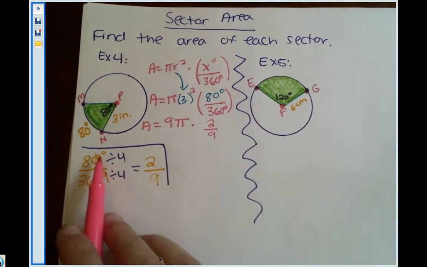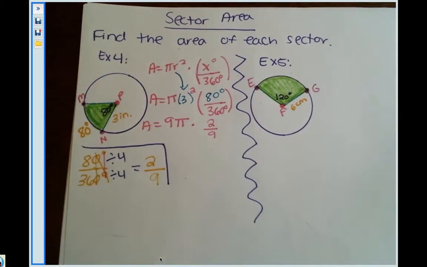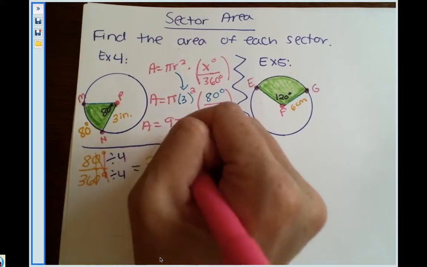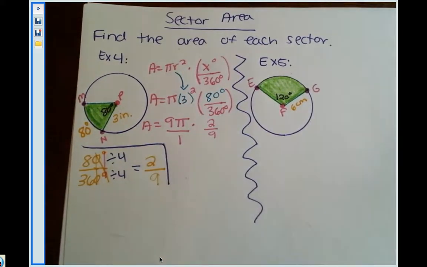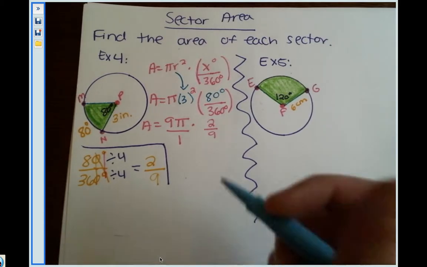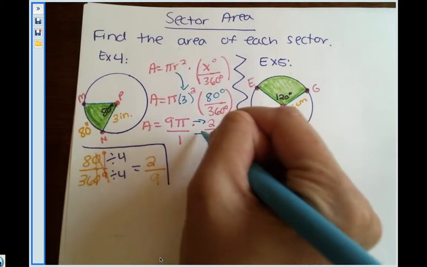The degrees do technically cancel each other out, so I don't really have degrees anymore. Now I just need to multiply, and 9 pi is secretly over 1, and since I have fractions, it might help to write over 1. How do you multiply two fractions, you guys? You go straight across.